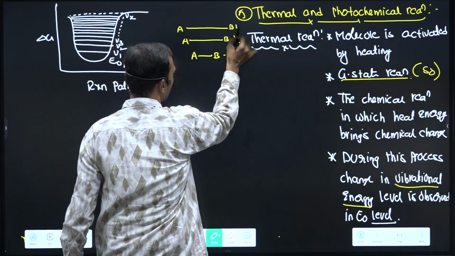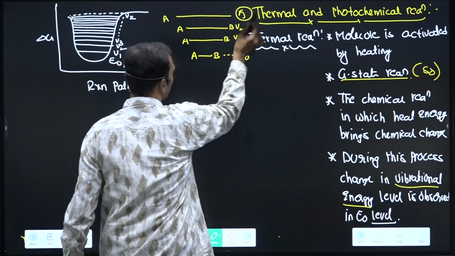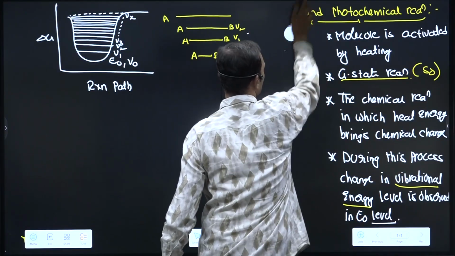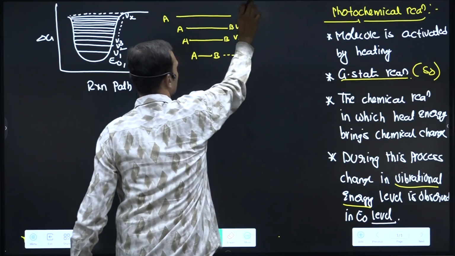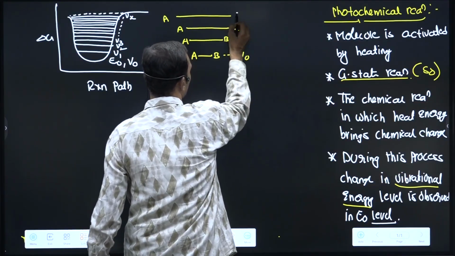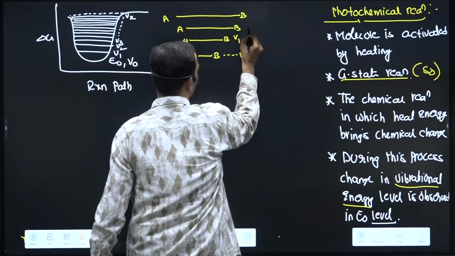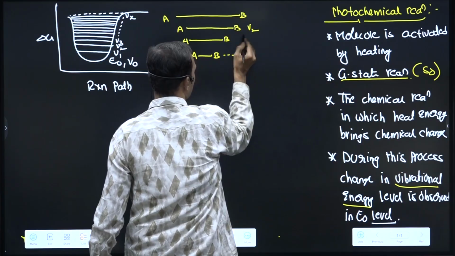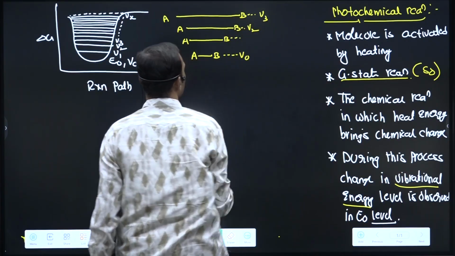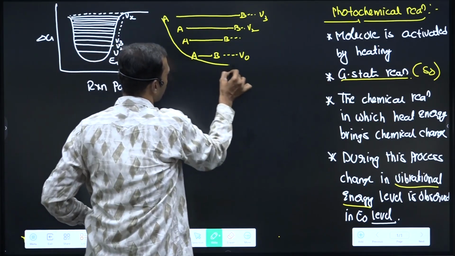Bond length is increasing or not? V2. Then some more heat energy. Then what happens? Is heat energy increasing regularly or not? This is A and this is B. Okay, this is V2, and what is this? V3. Okay. So now if I write a line like this, it looks like a Morse curve or not?